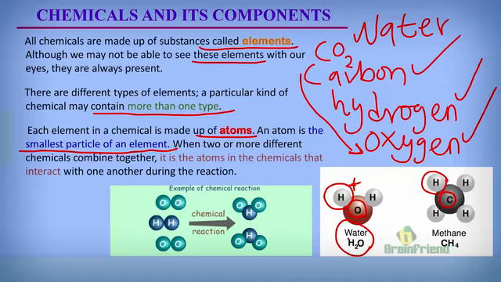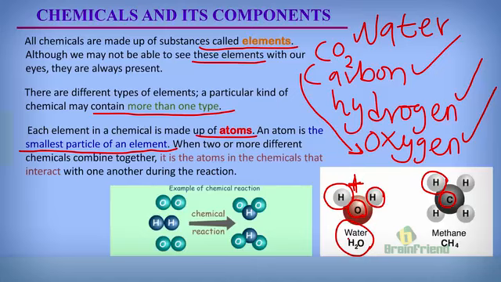Let's take another example, the example of water. We say water is made up of two elements, right? What are they? Hydrogen and oxygen. Water consists of two atoms of hydrogen. So we see one hydrogen and two hydrogen atoms. If you pick water, by the time you begin to separate the number of hydrogen in them, you discover that we have two atoms of hydrogen.